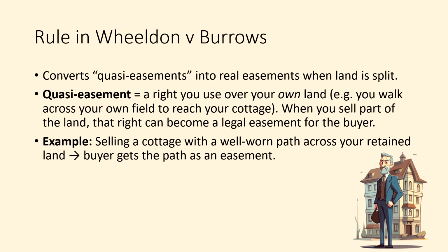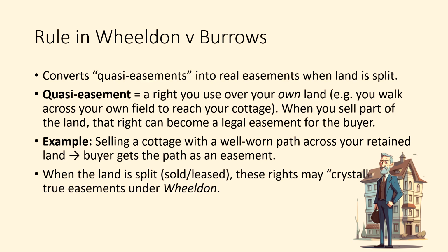And the most common example that you will see in exams and so on is when a certain cottage or barn or whatever is being sold with a well-worn path across the retained land, and so this would automatically create an easement as long as the key conditions are fulfilled.